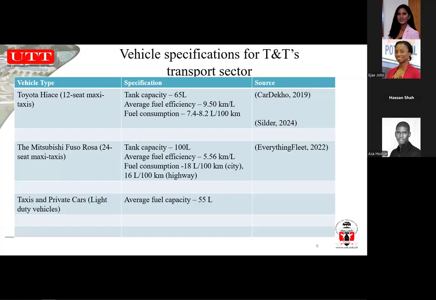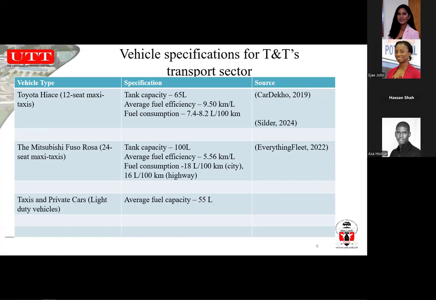So before looking at our results, in order to obtain a reasonable comparison between the different modes of transportation that we have here in Trinidad and Tobago for the public, we chose the Toyota Hiace as the 12-seater maxi taxis, the Mitsubishi Fuso Rosa as our 24-seater maxi taxis, and for the taxis and private vehicles, we assume them to have an average fuel capacity of 55 liters.